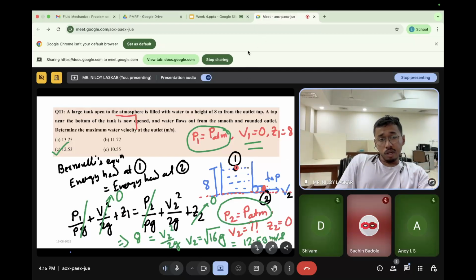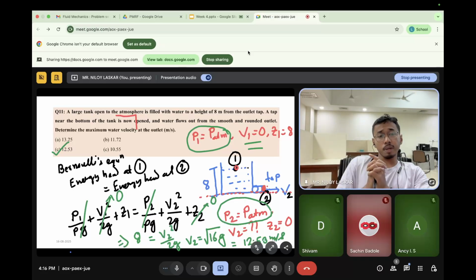Also, please remember how in an exam you will be able to solve these types of questions. If in a question the pressure is given, if they talk about atmospheric pressure, velocity, distance, and all these things are given, then you remember that Bernoulli's equation must be applied.